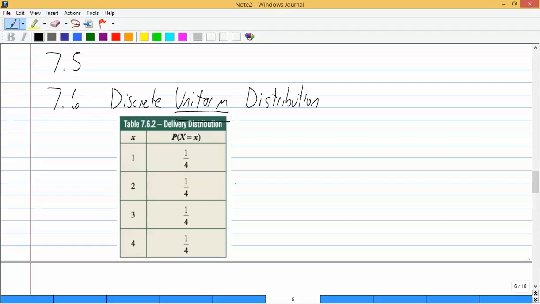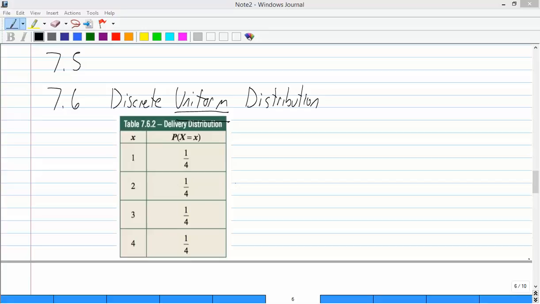They're all 1/4. If those probabilities were different, this would not be a uniform probability distribution. But they are. And so it's really easy to understand what a uniform distribution is. All the probabilities are the same.